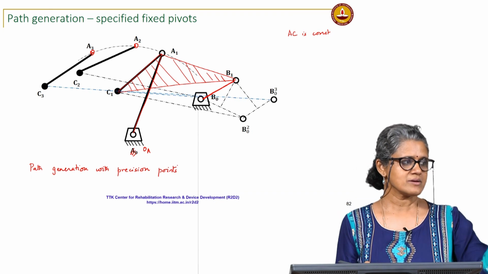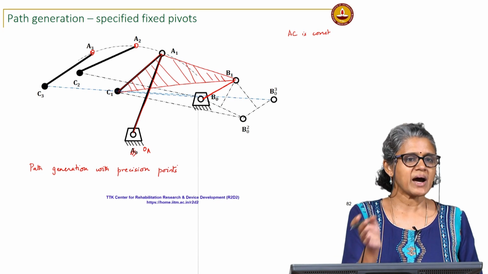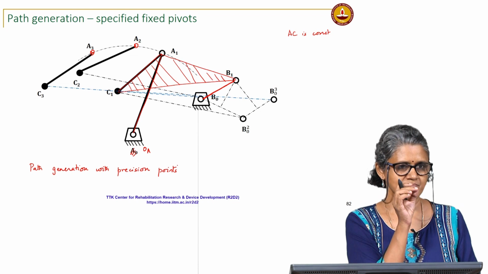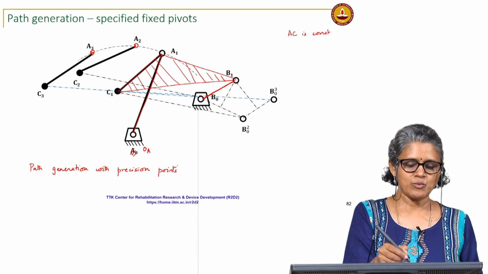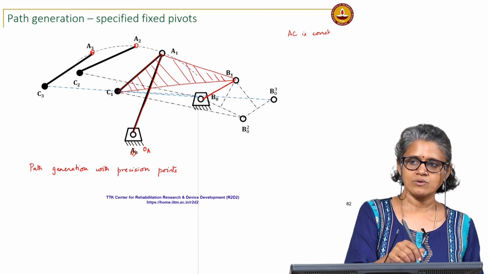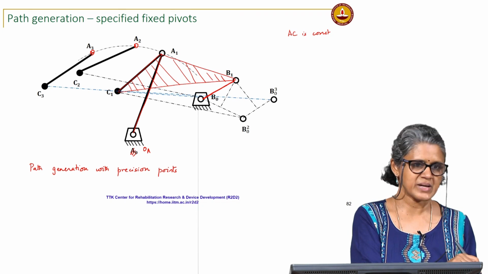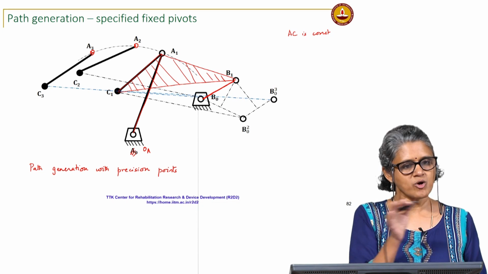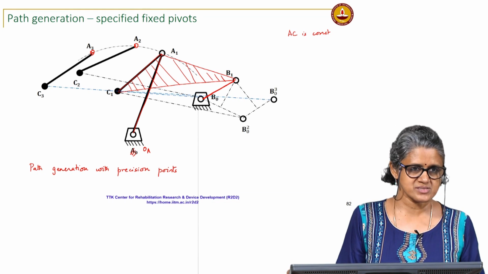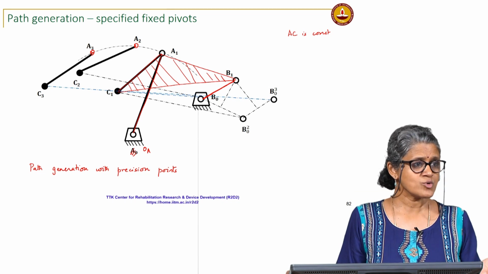Okay. So, we are not really looking at a path per se, we are saying we want a coupler point to reach certain positions on the plane, and I do not care about what the orientation of the coupler is when it is doing that. That is why it is a path generation and not a motion generation problem.